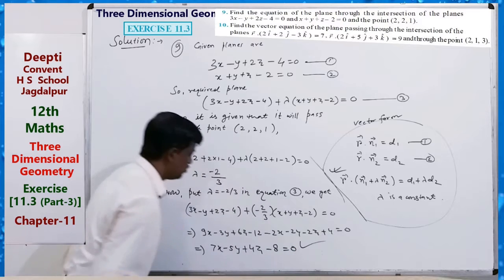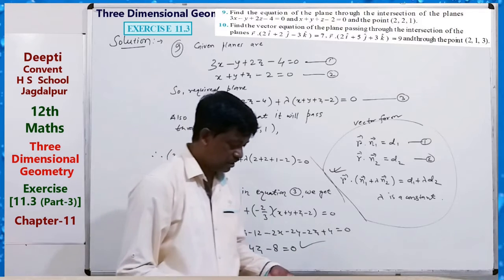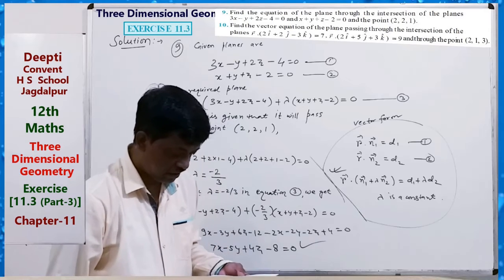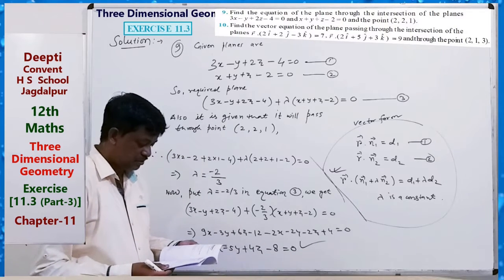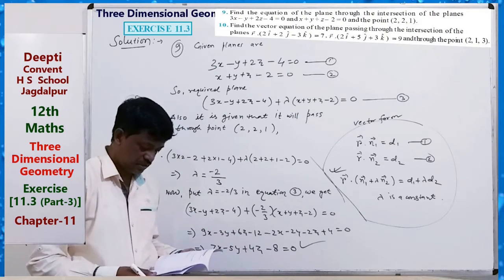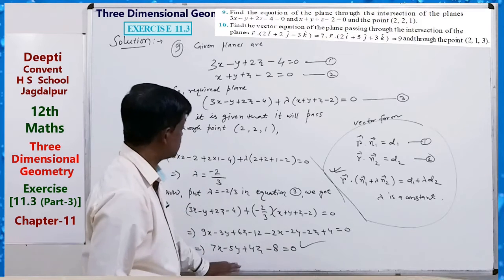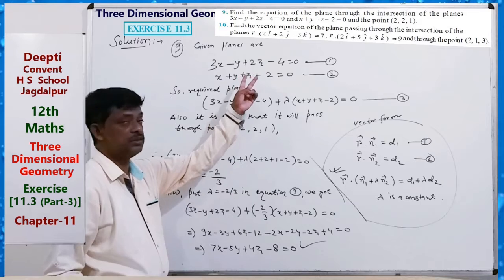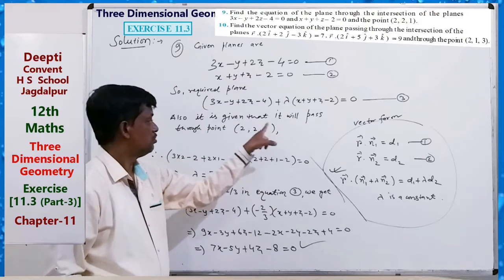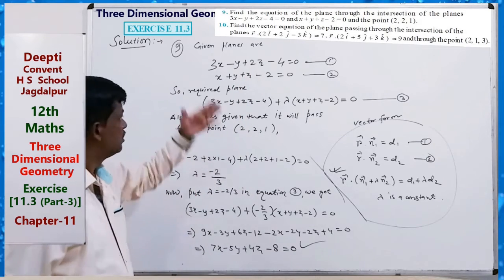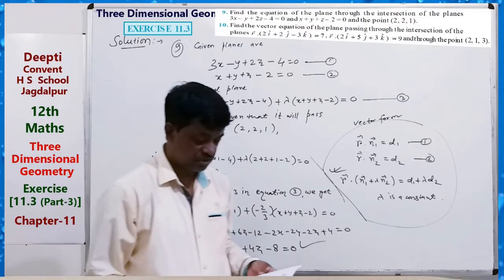So the answer is 7x minus 5y plus 4z minus 8 equals 0. This is the plane passing through the intersection of these two planes and also through the given point, in Cartesian form.